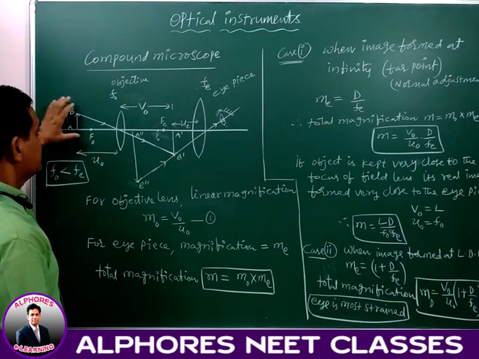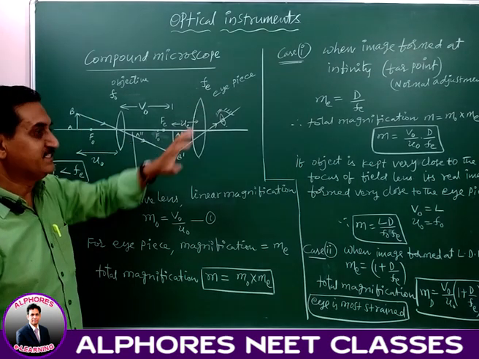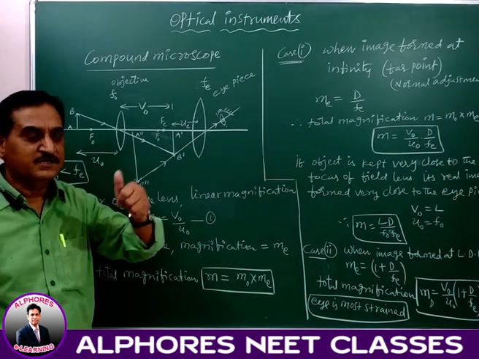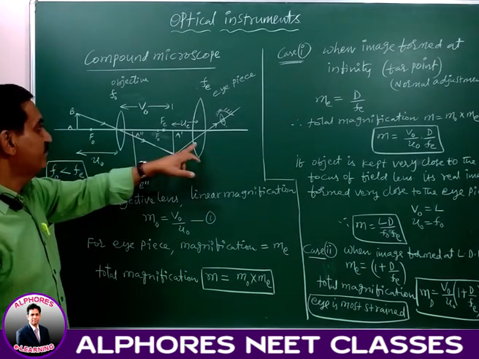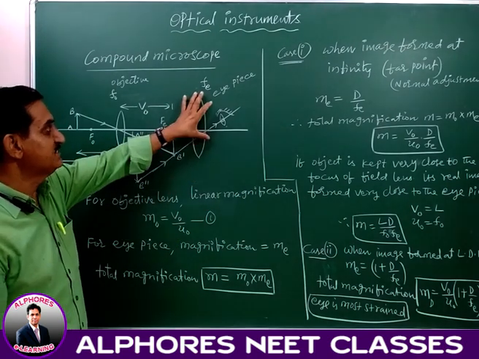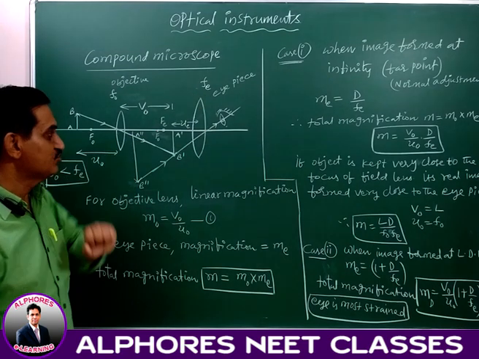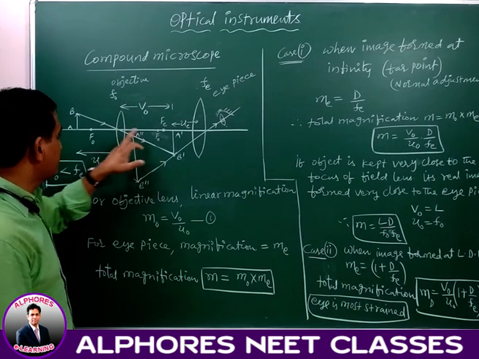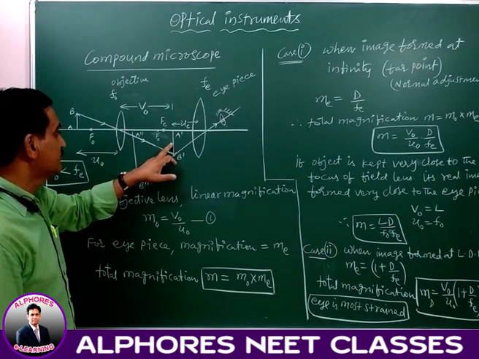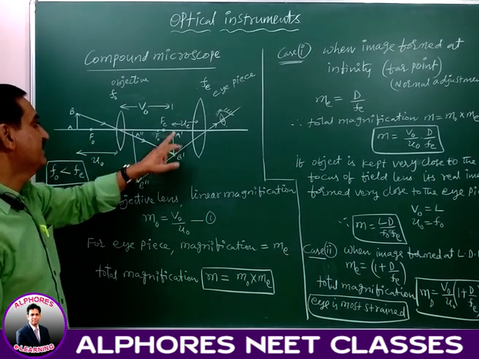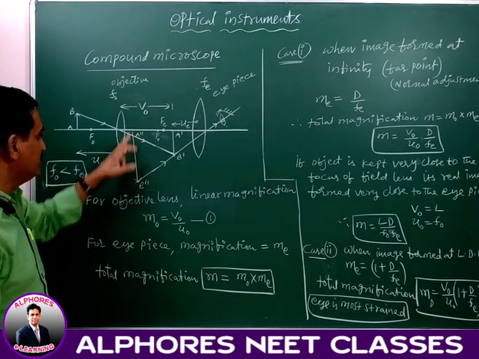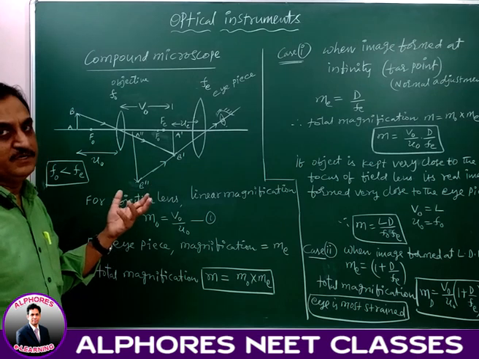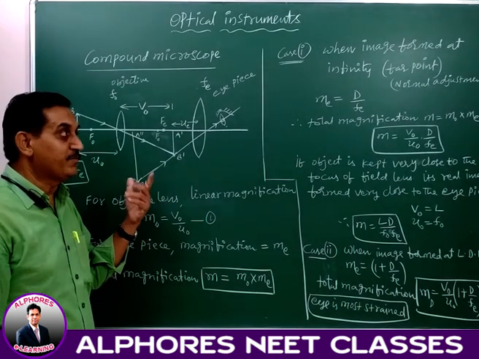Earlier the simple microscope directly observed the object, but here the eyepiece acts as a simple microscope, taking the image formed by the objective lens as its object, and it produces the image at LDDV and also at infinity, that is the far point.